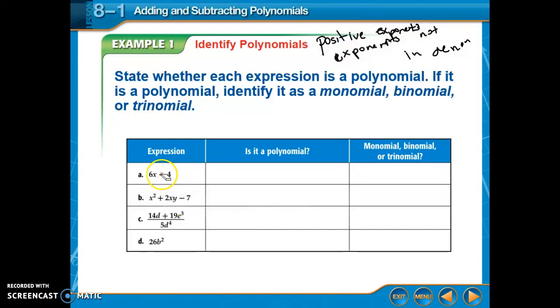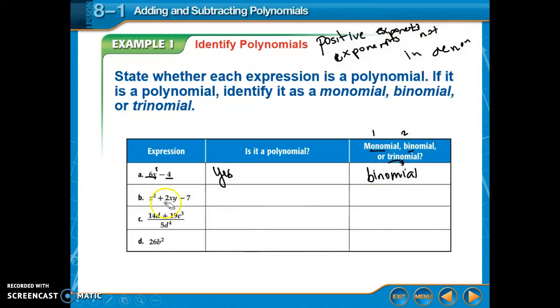Okay, so for this one, my exponent on the x is technically 1, so it's positive. So this one, yes. And because there are two terms, and a term is separated by the plus or minus, mono means 1, bi means 2, and tri means 3. So in this case, there are two terms, so this means it's a binomial.